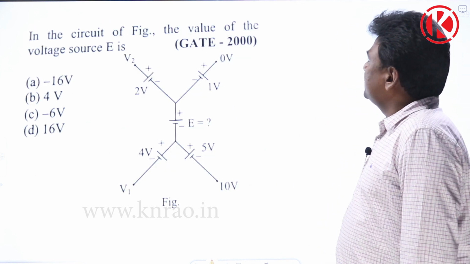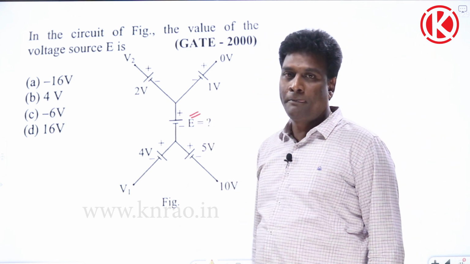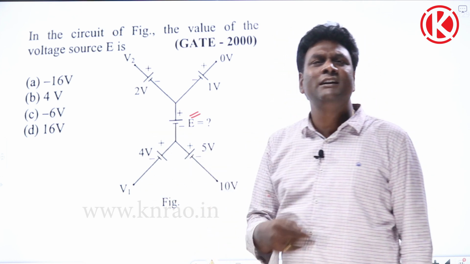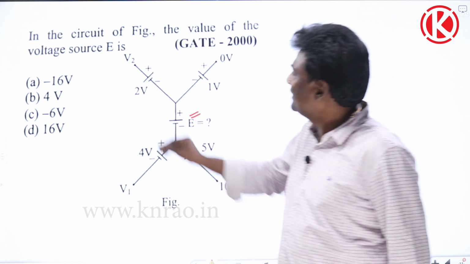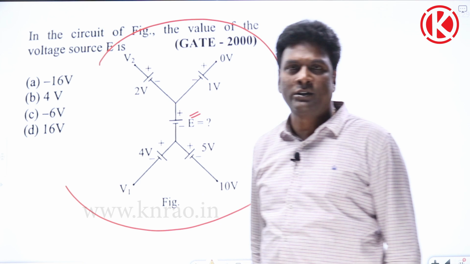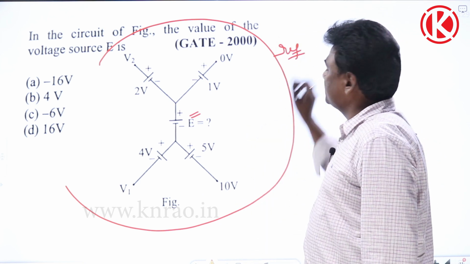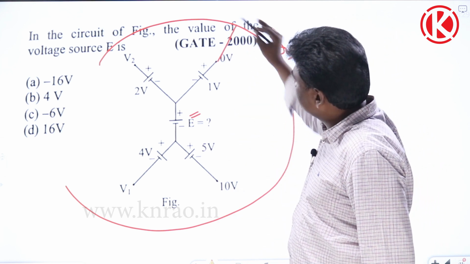Now let us see. In the circuit of figure, the value of the voltage source E is. They are asking E. And each and every terminal is at a different potential. Now let us take one common point, a kind of total reference. If I consider this as reference point, now 0 volts, so short circuit.